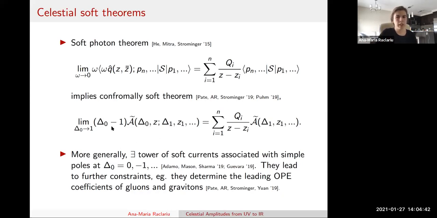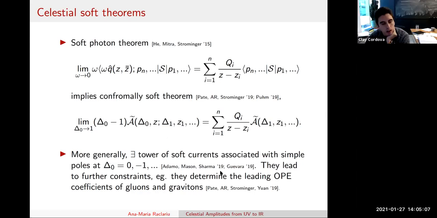So both the subleading soft factor and the sub-subleading soft factor shift these dimensions. This can be shown, and if one, for example, writes down an OPE for gluons and gravitons in Einstein-Yang-Mills theory, one can use these symmetries to constrain the leading OPE coefficients.